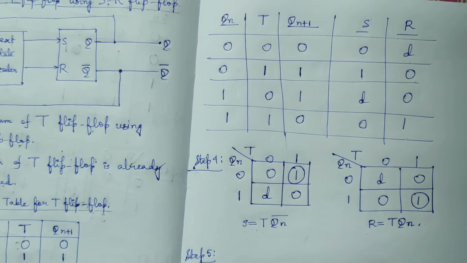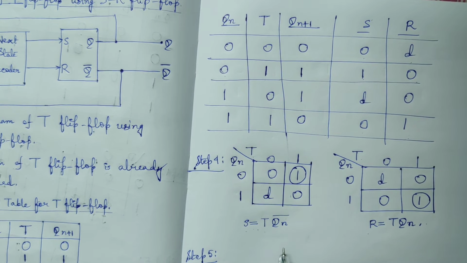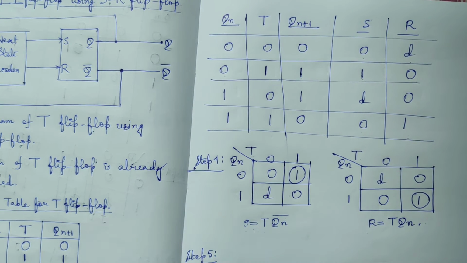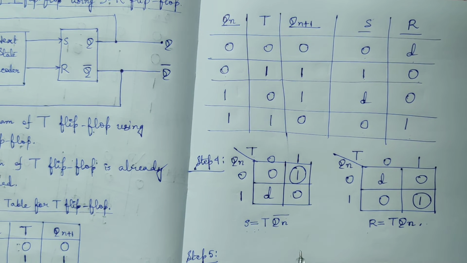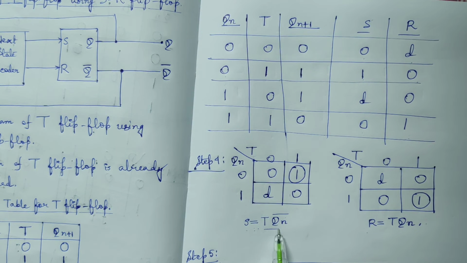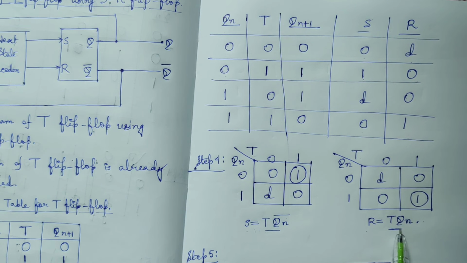Now if we look at these two expressions, we can find out that there are two AND gates. Here is one AND gate and here is another AND gate.